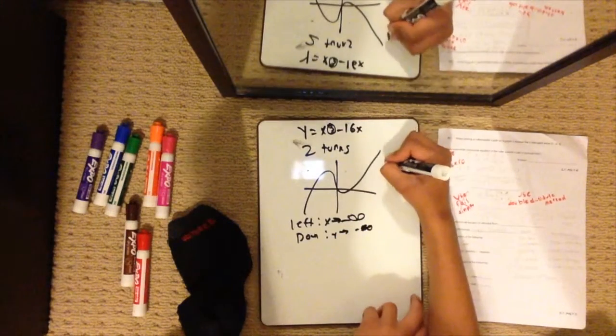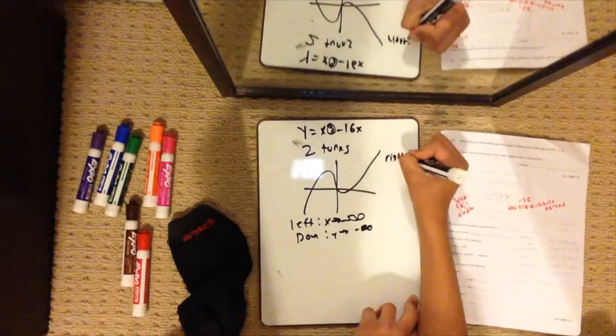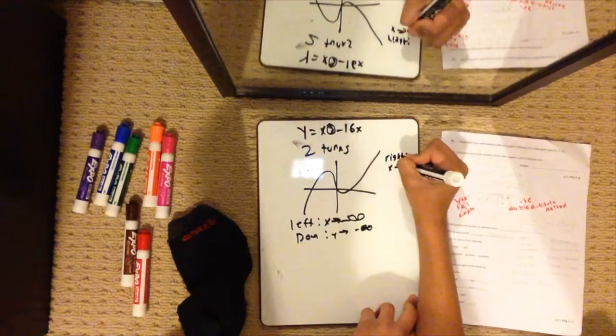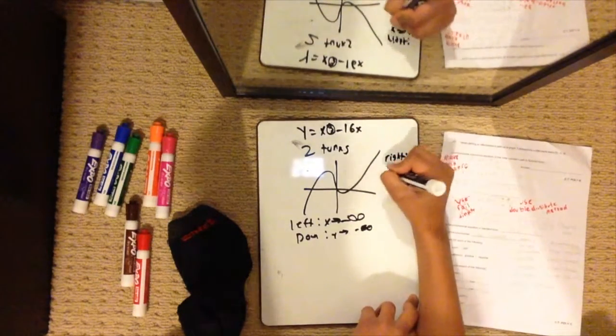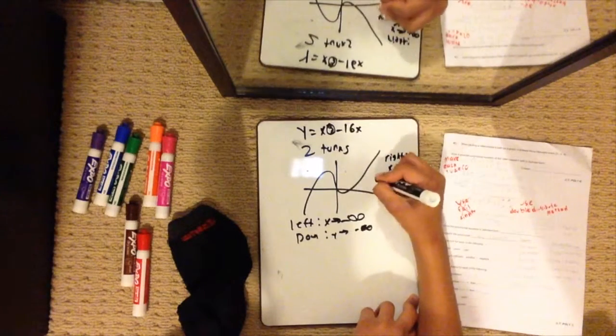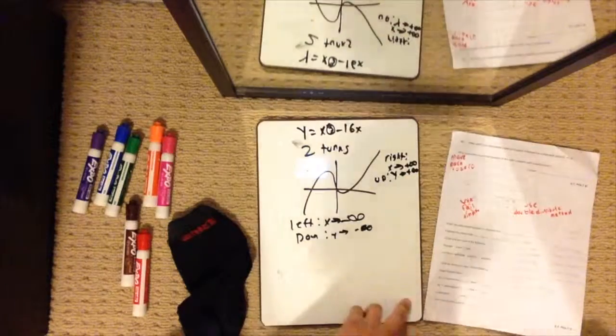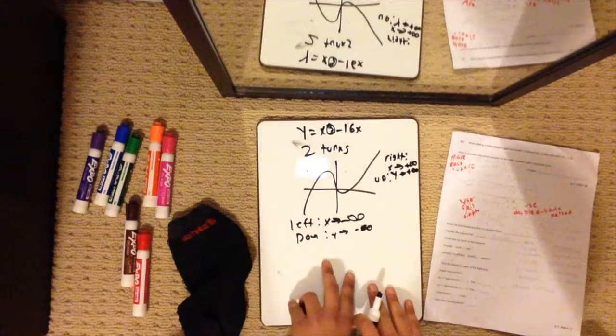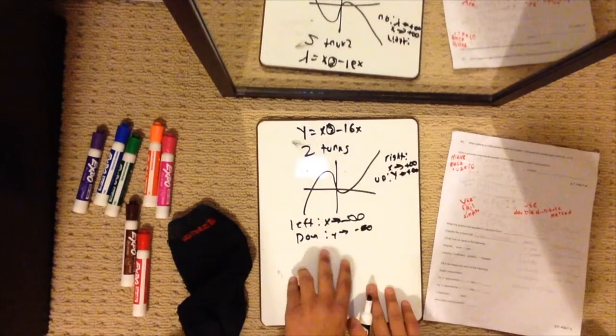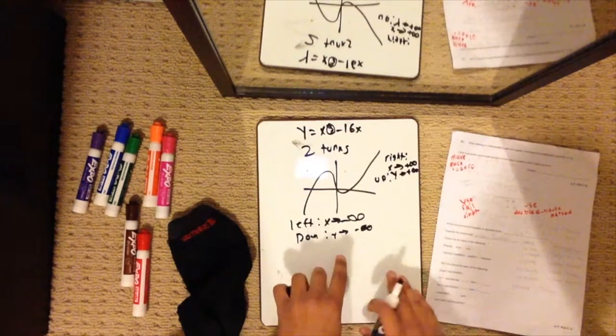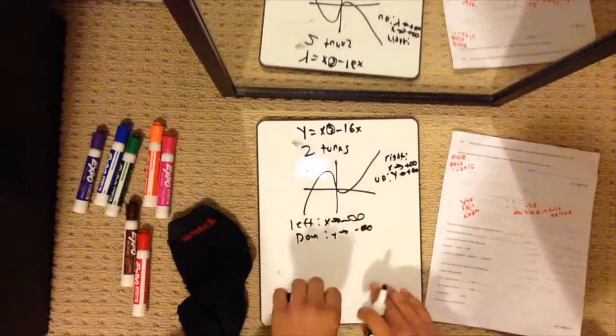And then here on the right, x goes to plus infinity, and up, y goes to plus infinity. That's how you find the end behavior, which is easy. It just depends on how the graph looks.